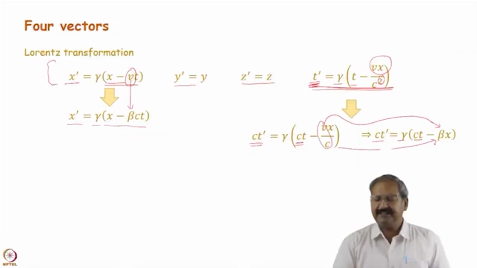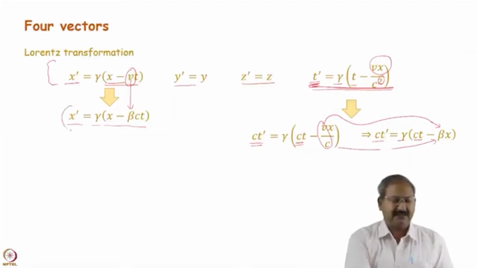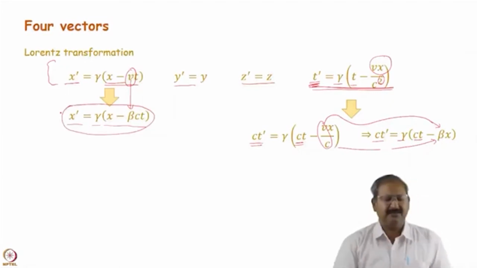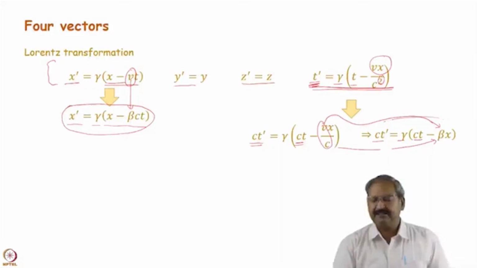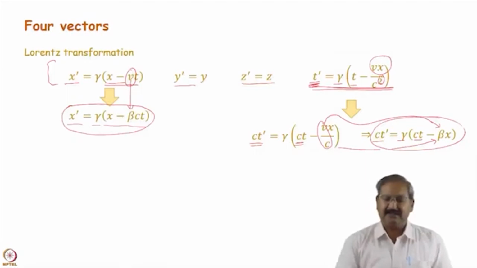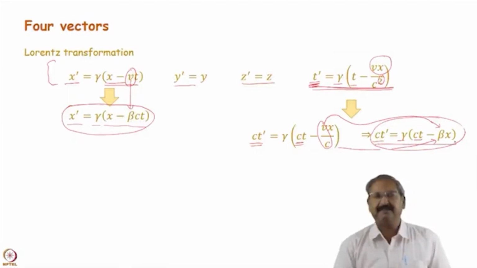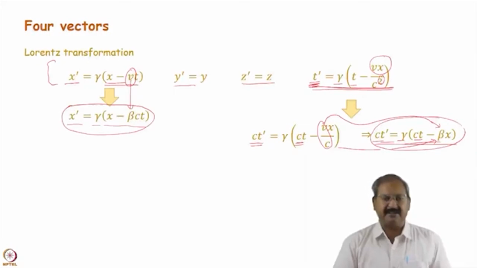Now you can see that the transformation of x in this new notation is similar to the transformation of ct prime. So ct can be used as a fourth coordinate, and in this fashion we can make a four-dimensional space-time vector instead of a three-dimensional vector.